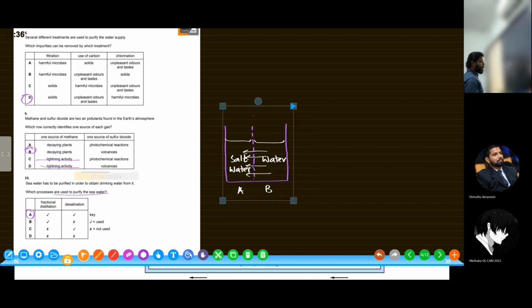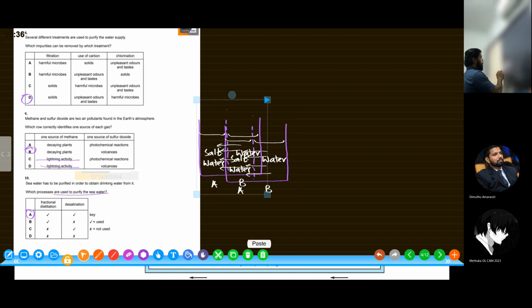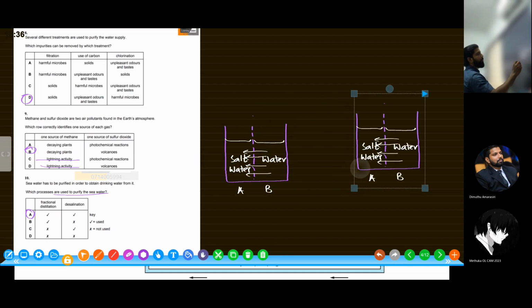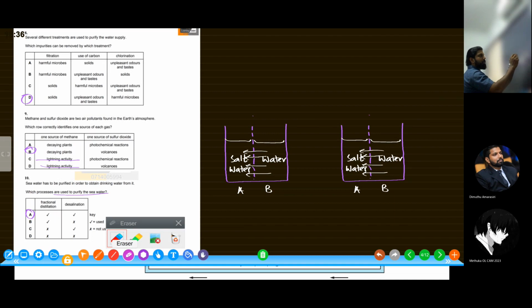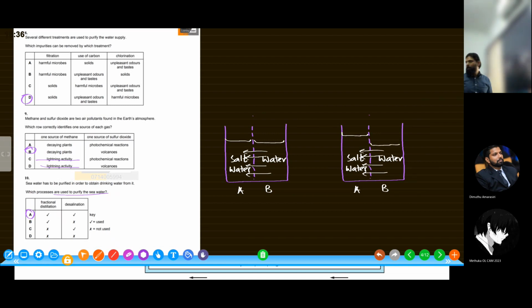So we first put biology, then we put physics. When the water level increases, you know that water has some pressure. What do you mean by two water levels?